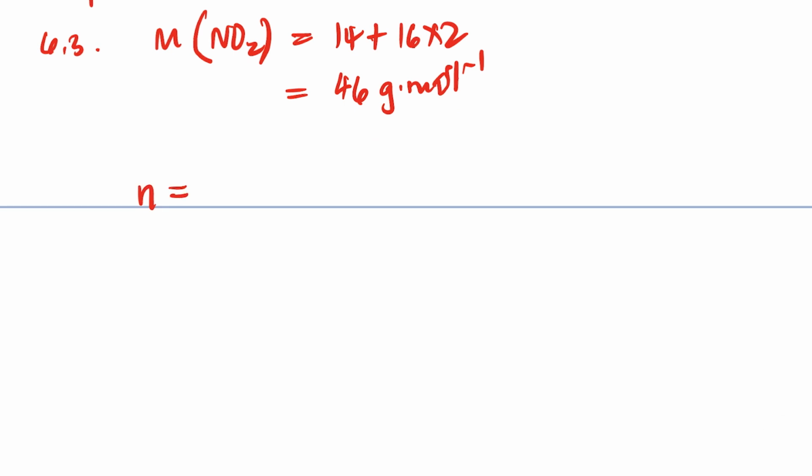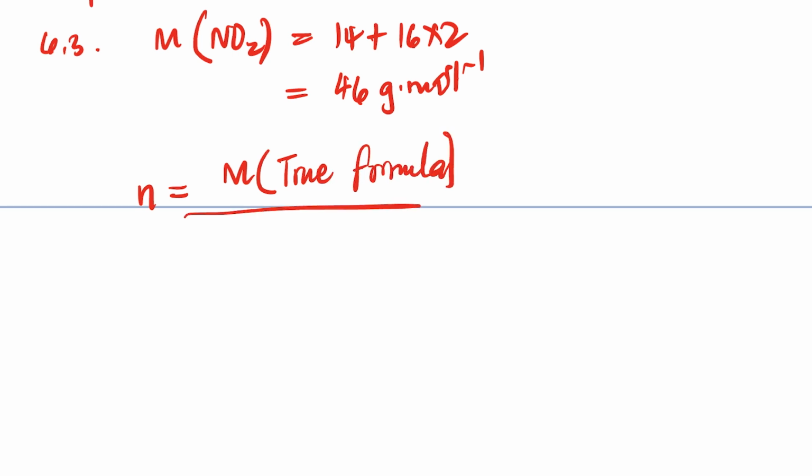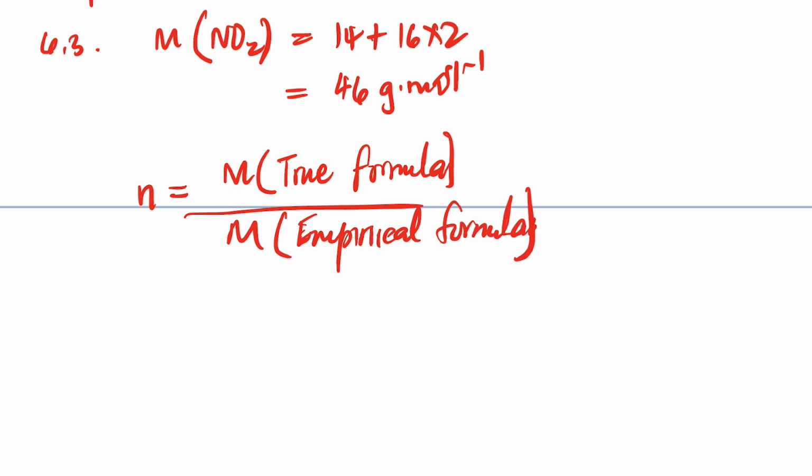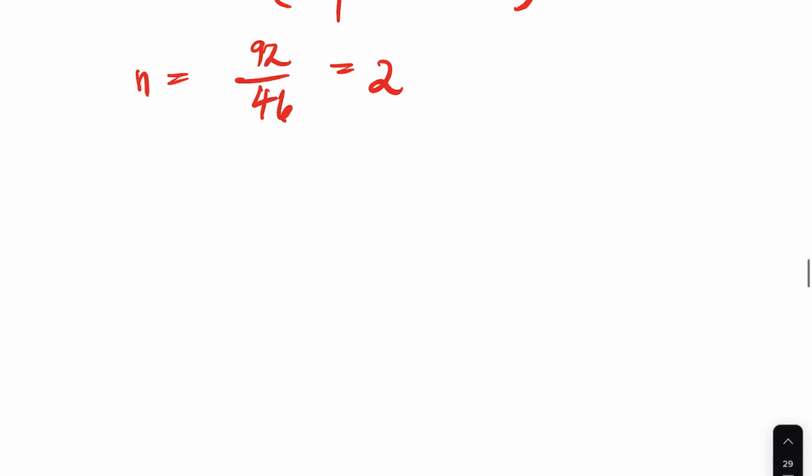So what are you going to do now? You're going to calculate the factor, which is the n. You're going to say the molar mass of the true formula divided by the molar mass of the empirical formula, which is 92 divided by 46, that is going to be 2, and then that's n.